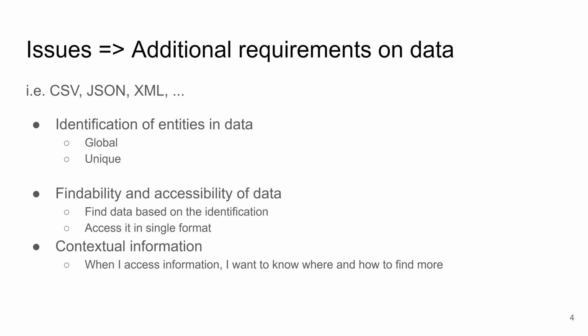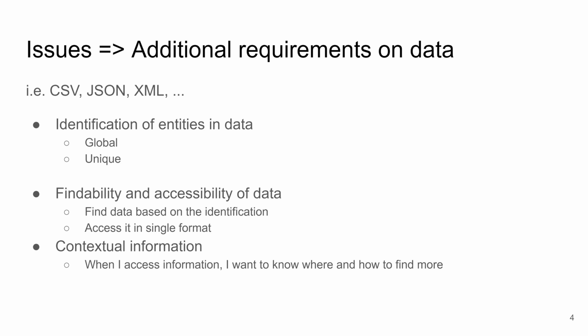So when we have issues, we need to have additional requirements which, when satisfied, will solve these issues, right? What we would need is unique and global identification of entities in data. We need to increase findability and accessibility. Ideally, based on the identifier, we would want to be able to get the data and find the data.